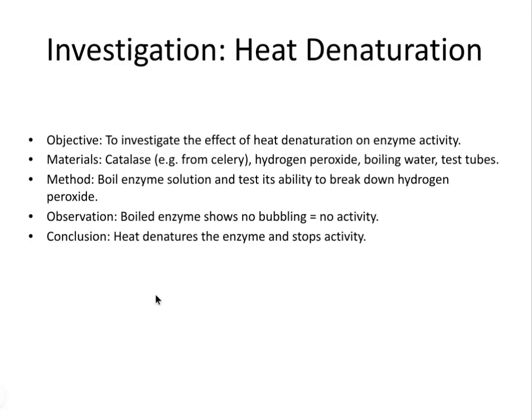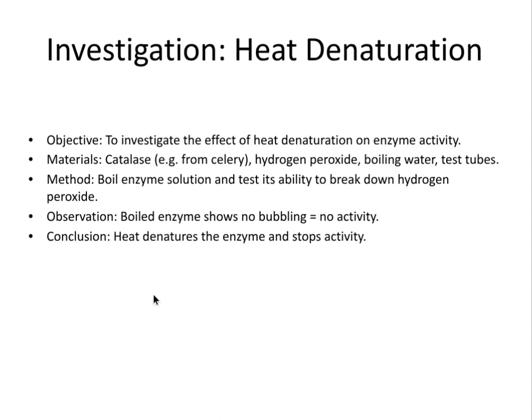Investigation: heat denaturation. Objective: to investigate the effect of heat denaturation on enzyme activity. Materials: catalase, for example from celery, hydrogen peroxide, boiling water, test tubes.